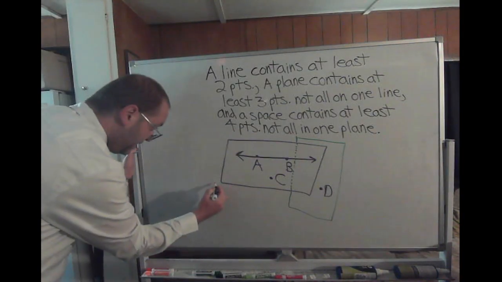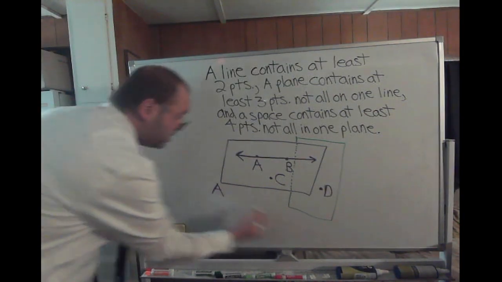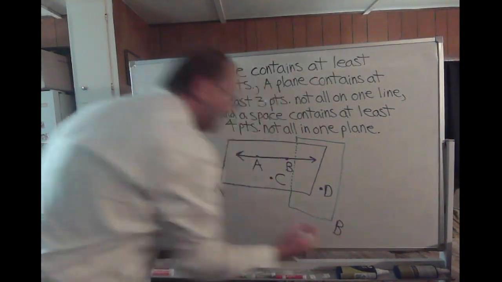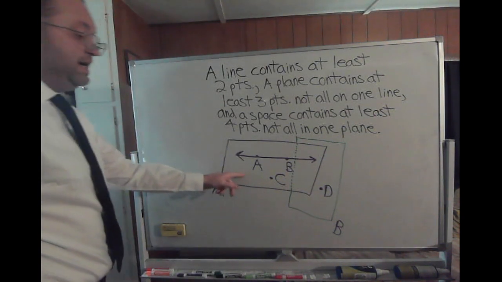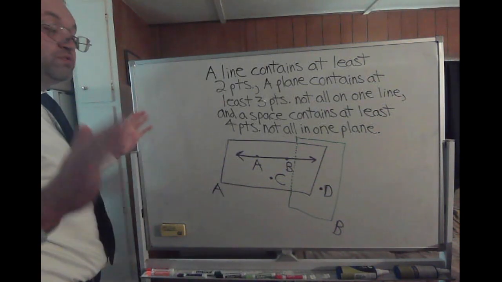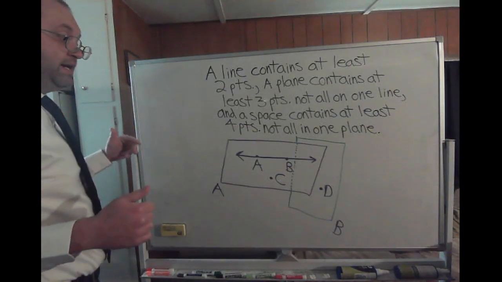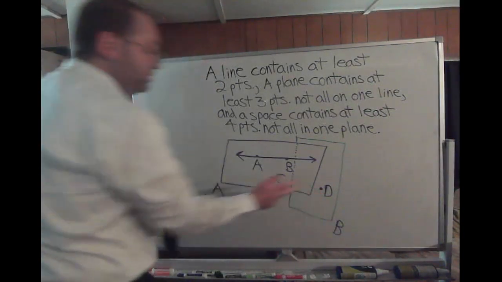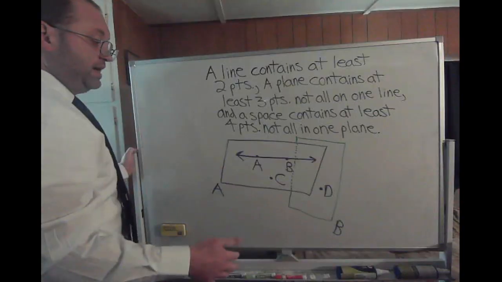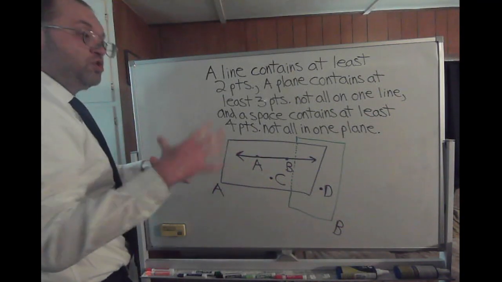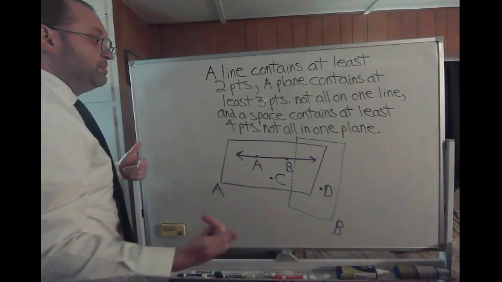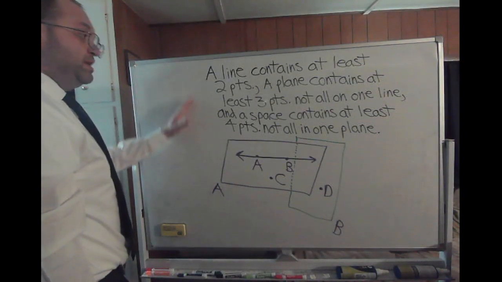Let's call this plane plane A. We'll call this plane plane B. Well, had point D been in plane A, all we could prove is one plane. We couldn't prove a space. But point D lies in plane B. We have the other planes in point A. Together, these make up a space because you have multiple planes with multiple points in between them. So that's all this postulate states.